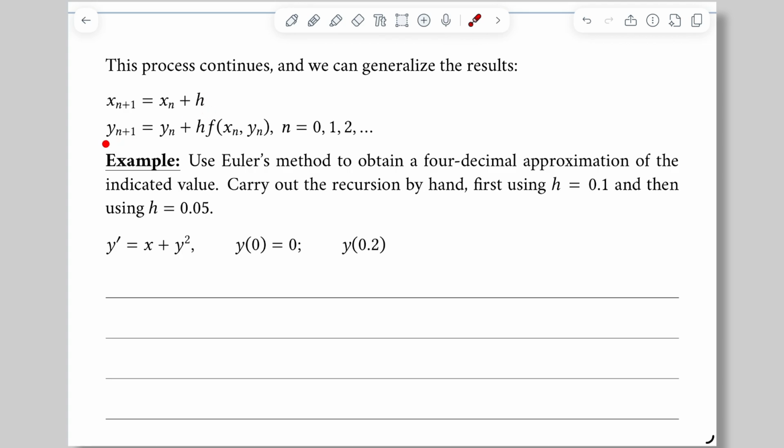A y value, y sub n plus 1, is a previous y value, y sub n, plus h times f of x sub n, y sub n, the slope at the point that we had just generated. This is called a recursive formula because we need to know xn and yn before we can generate x sub n plus 1 and y sub n plus 1.